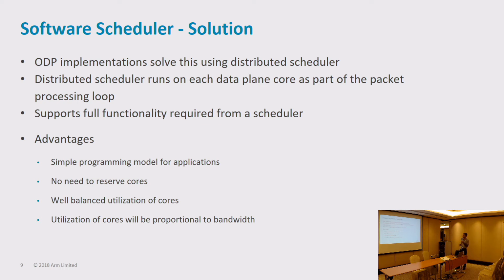We don't need to reserve any CPU cores. We will have a well-balanced utilization of all the cores. The utilization of the CPU is proportional to the bandwidth. If you need more bandwidth, you throw more CPUs at it, and it is well balanced already.